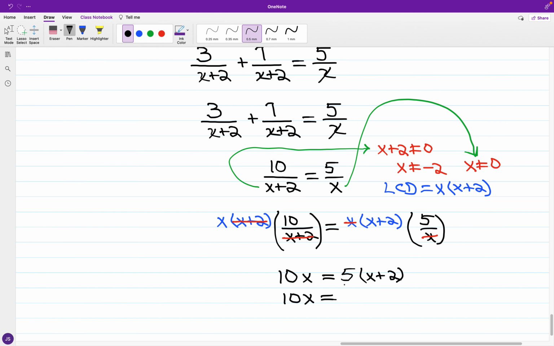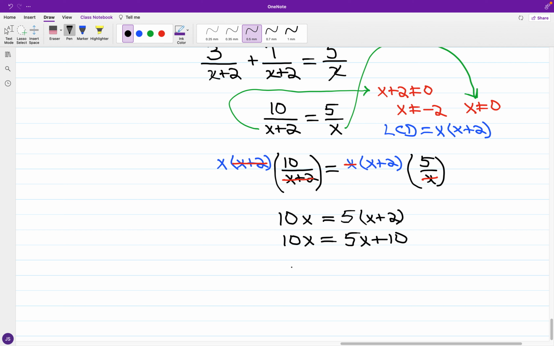Distributing, you have 10x is equal to 5x plus 10. So you've got 10x to the left, and I can join that with 5x.